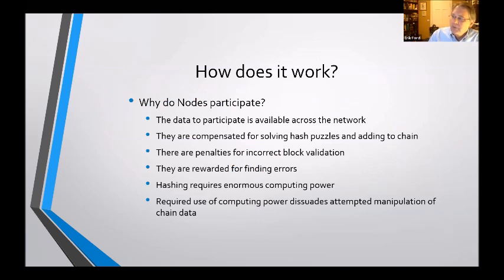So how does it work? Again, why do nodes participate? The data to participate is available across the network, and if it's an open network, anybody can jump in. You're compensated for solving the hash puzzles and adding to the chain.